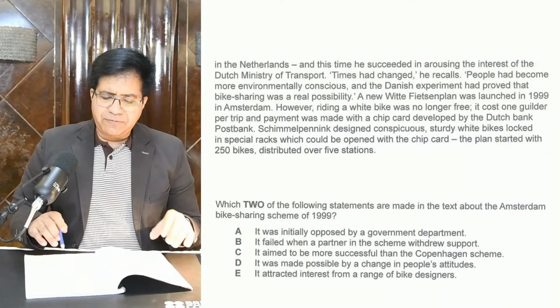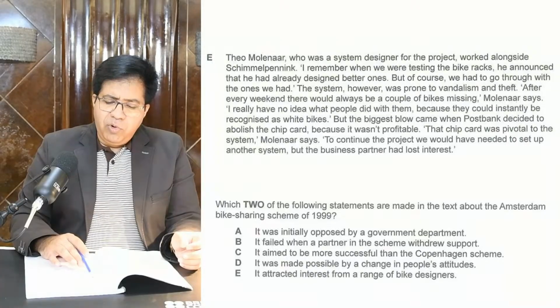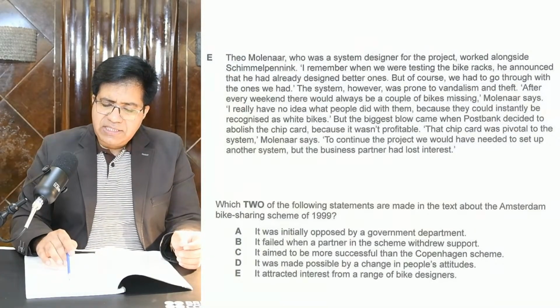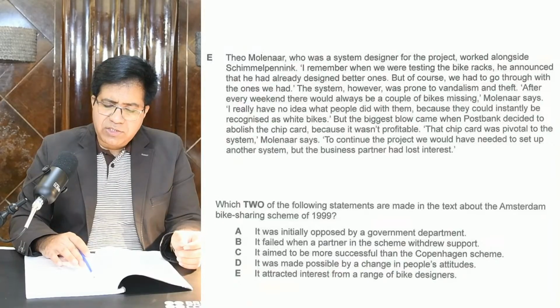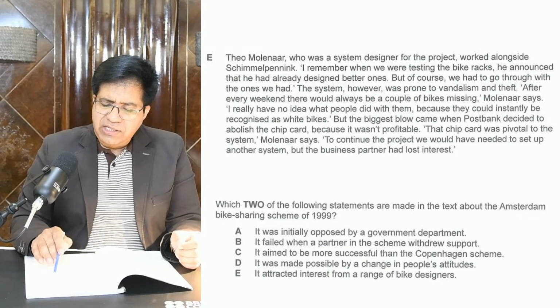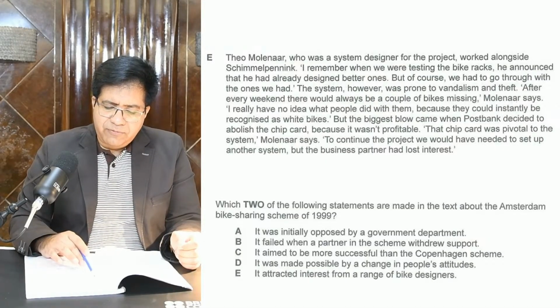Please come to paragraph E. It goes on, same thing. Theo Molinar, found it? Who was a system designer for the project, worked alongside Schimmelpenninck. I remember when we were testing the bike racks, he announced that he had already designed better ones, but of course we had to go through with the one we had.